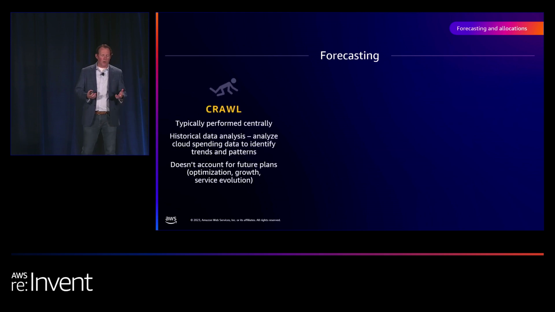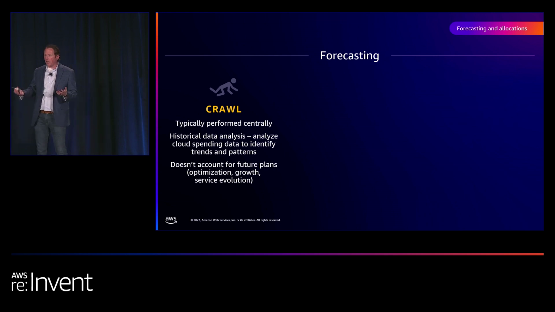The first is crawl, and usually it's some element of run rate or time series forecasting. What's the burn rate we've seen? What do we expect as we go forward? They're looking at trends through that, but as all of you know, especially depending on where you are in your journey, you're not getting any new input for growth or optimization or things that could change.